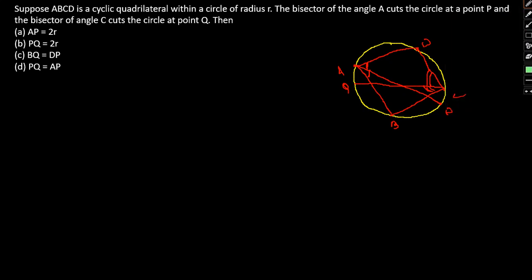So from this figure we can actually write out angle A plus angle C equal to 180 because it's a cyclic quadrilateral. So therefore angle A by 2 plus angle C by 2 will simply be equal to 90.